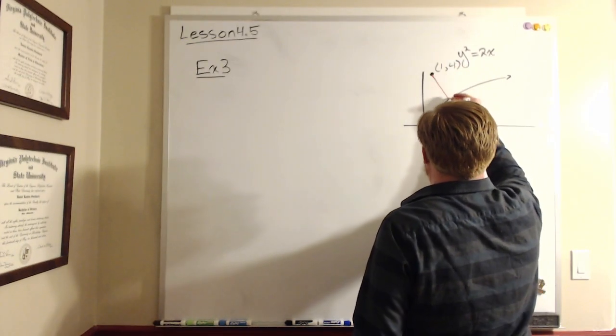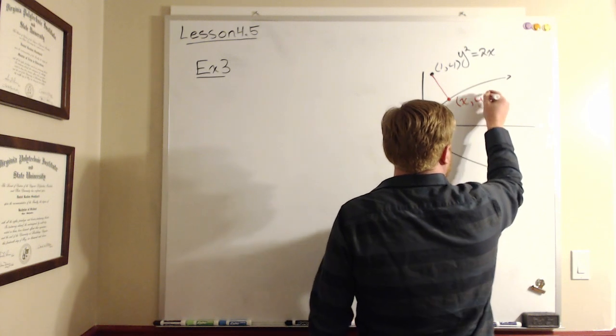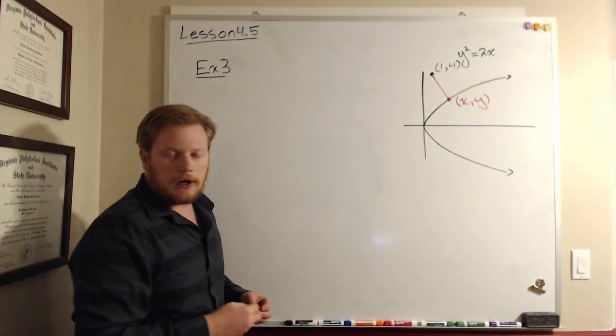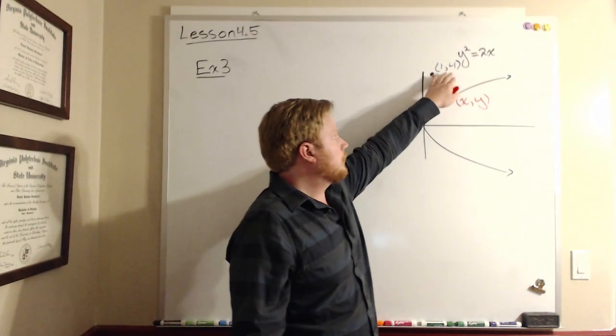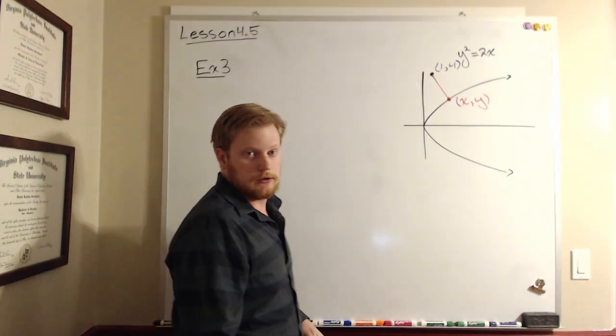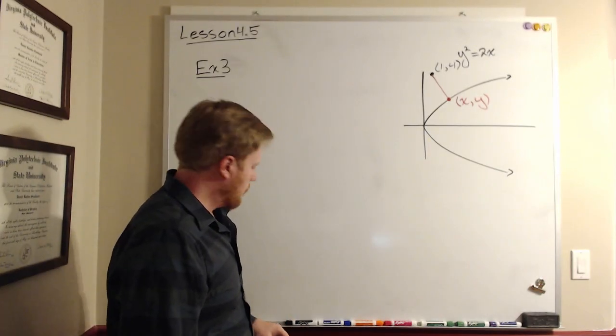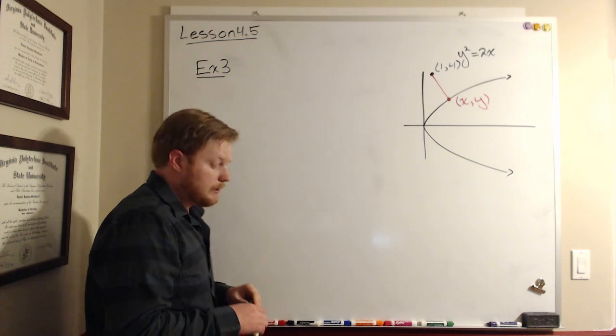So I'm looking for an xy coordinate on this curve that is the closest distance to the point 1, 4. So I am optimizing distance.